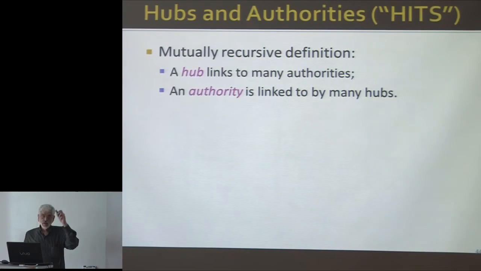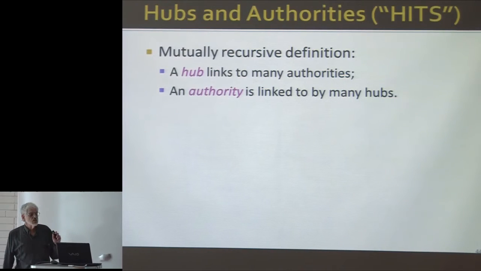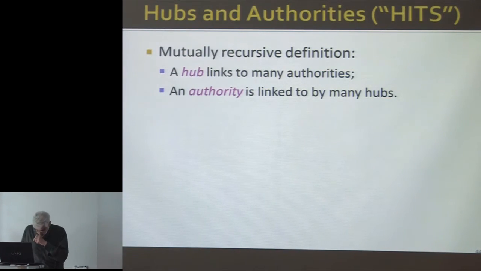Okay, so remember, PageRank is a simple recursion. It says a page is important if important pages link to it. Hubs and authorities starts out with two mutually recursive concepts. One is a hub.